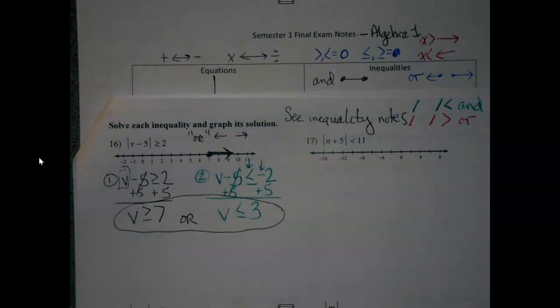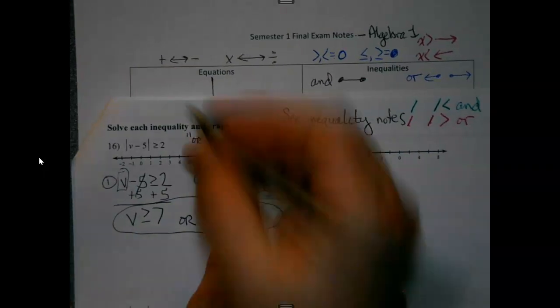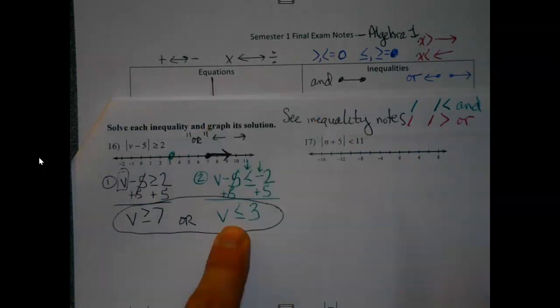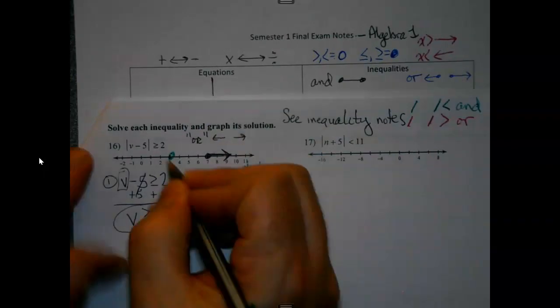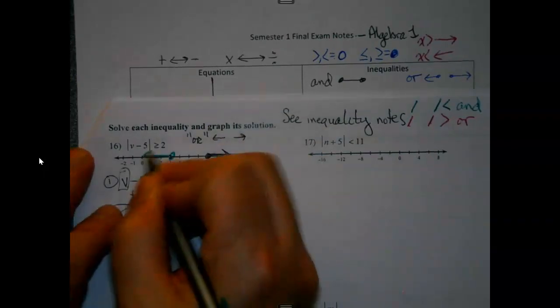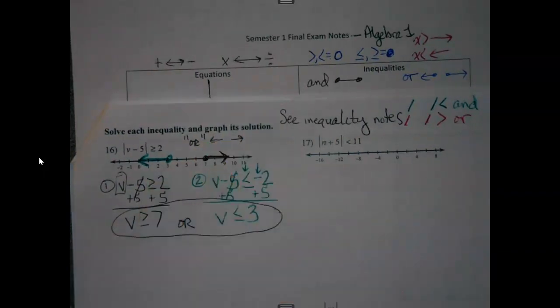Then I look at my other one. At 3, I'm going to have another closed dot. And when the arrow is pointing at your variable, we go to the left because that's less than. It matches what it should look like, so I feel good that I've done it correctly. So that's something that we want to pay attention to.